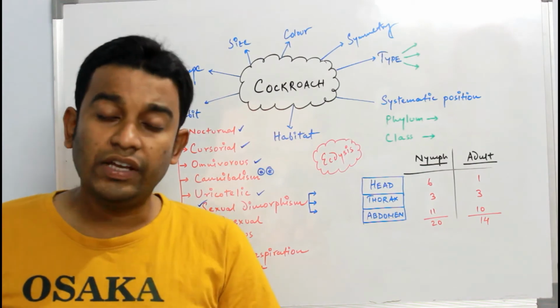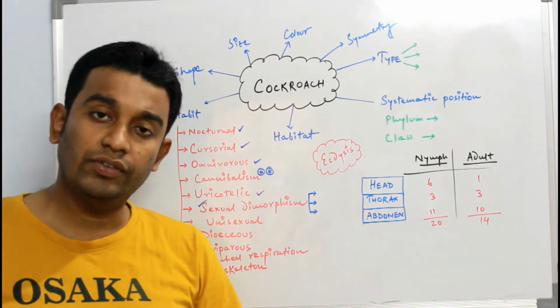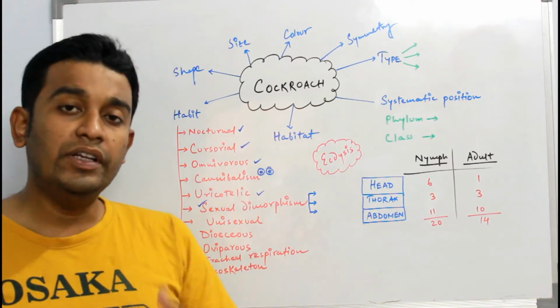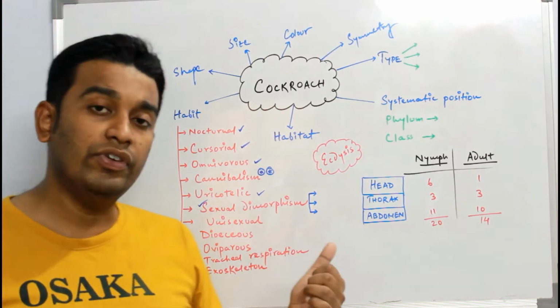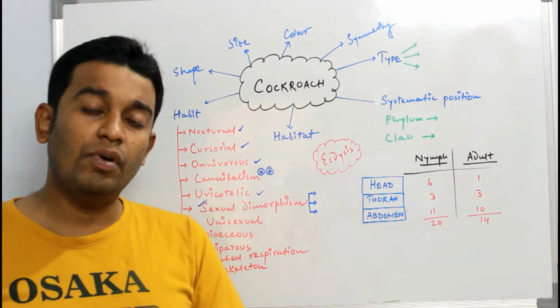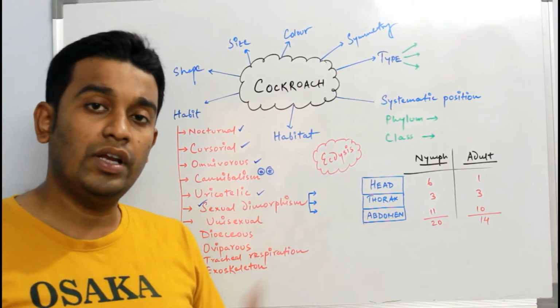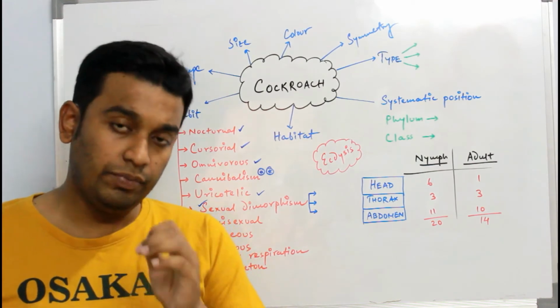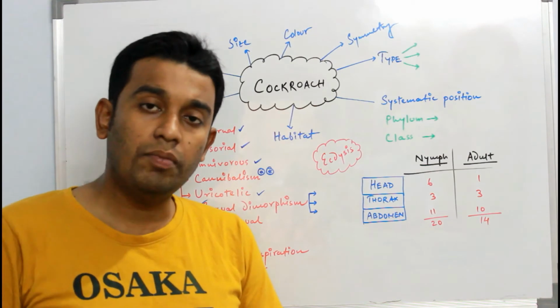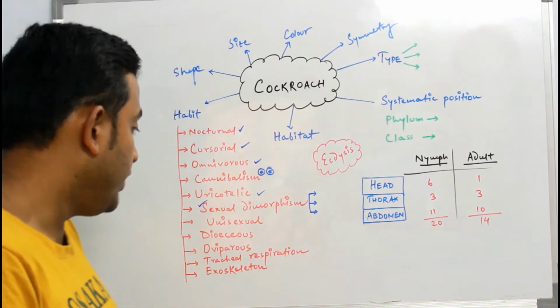Like we also show sexual dimorphism, they also show sexual dimorphism. In the next class, we will be discussing only the sexual dimorphism. But as of today, what I can tell you, 3 levels of sexual dimorphism are visible as far as cockroach is concerned. It's pretty much important. So detail on the sexual dimorphism we'll talk about in the next video, not today.